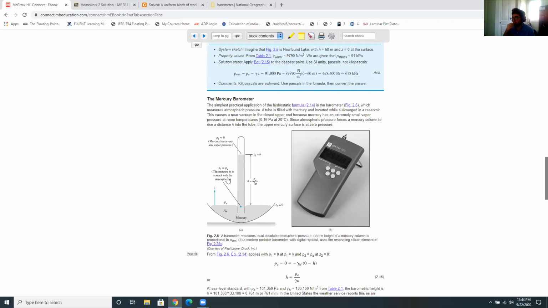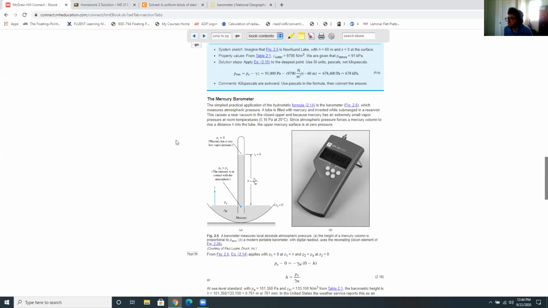I see. Let's assume we're using this device. We're standing at sea level, I put this device on the ground, and the inches of mercury rise here. Say it's 29 inches. How would I find pressure? We already found pressure, 29 inches of mercury, but all I have to do is multiply this h times gamma of air, and you will end up with psi.